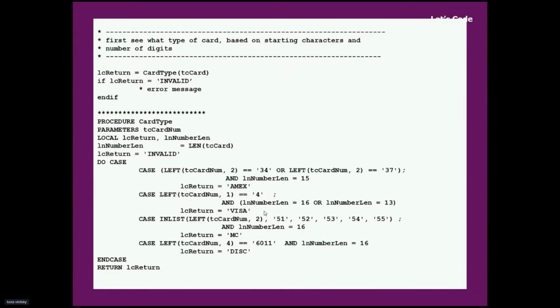If it starts with 51, 52, 53, 54, 55, then it has to be 16 characters long. And if it starts with 6011, then the number has to be 16 characters long, and it's a Discover card. So American Express, Visa, MasterCard, and Discover each have their own rules about how to combine that initial digit with the number of characters in the card number.